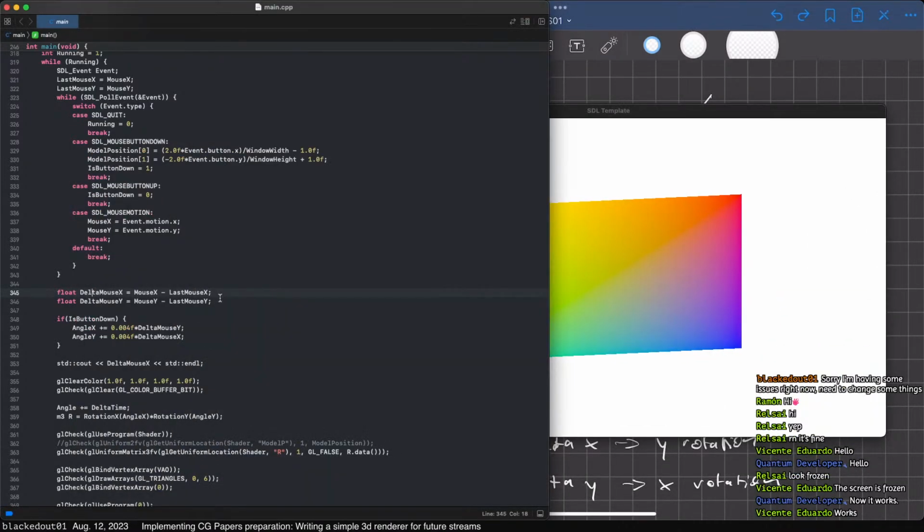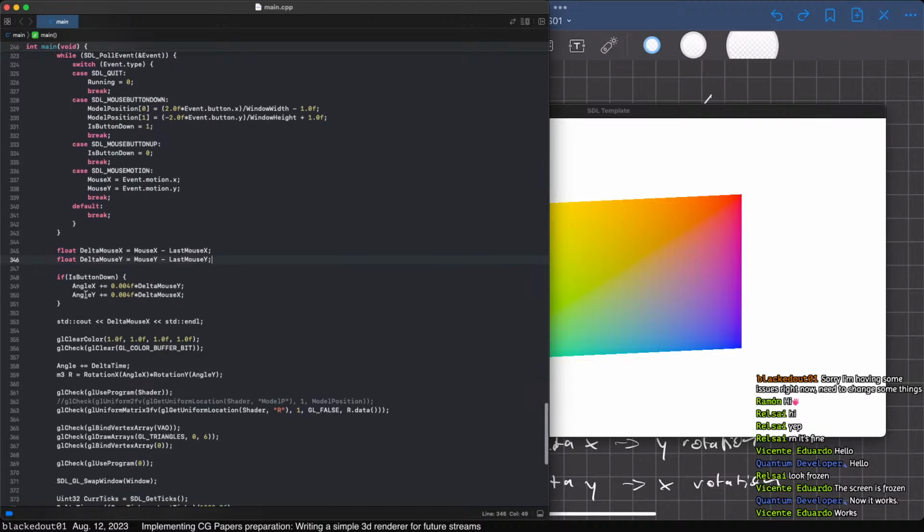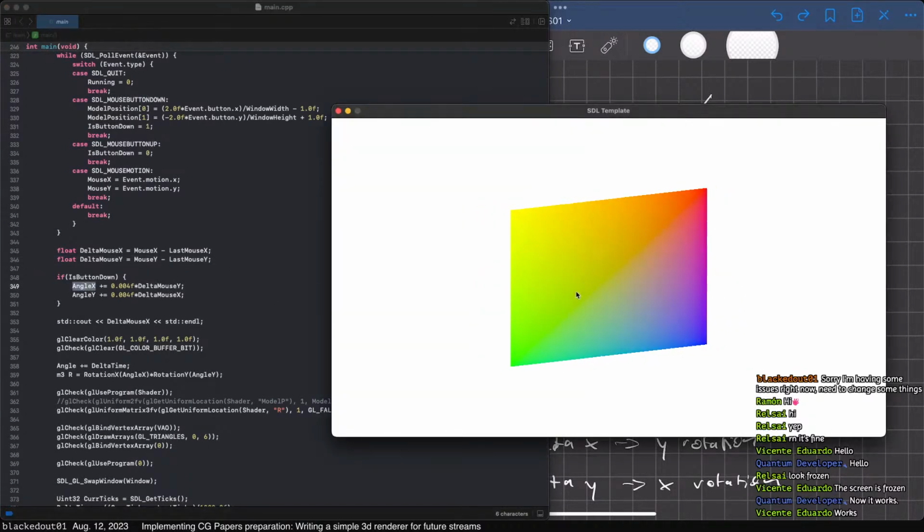Here we define a mouse delta, so we know how far the mouse moved in one frame, and with that we can increase the angle for the rotation.